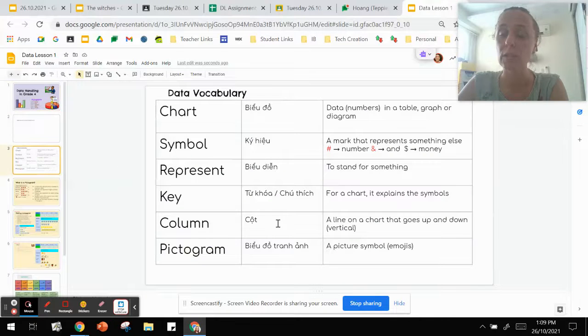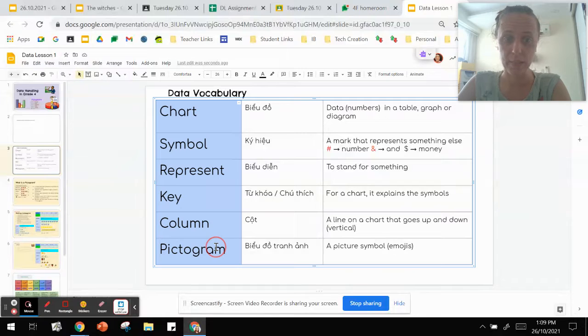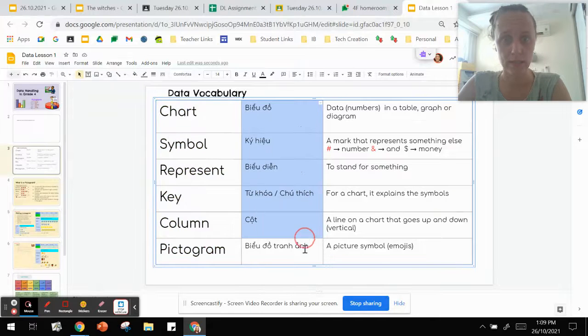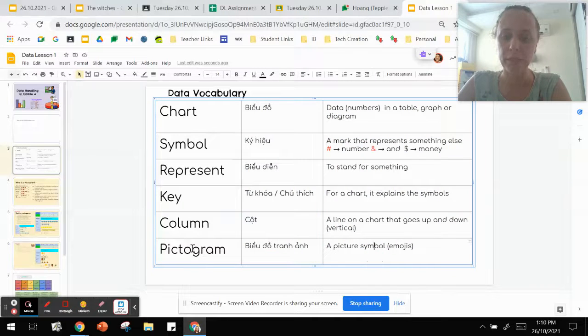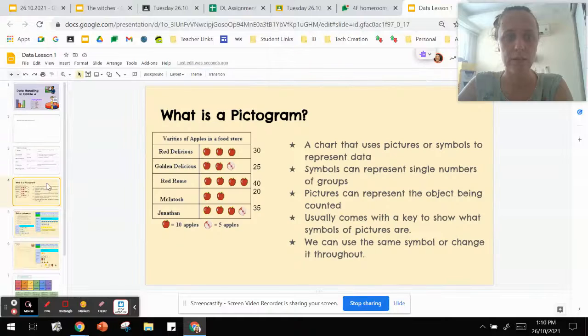Column, those are the ones that go up and down vertically. So this table has 3 columns. One column has the word, one column has the translation, and one column has the definition. Finally, pictogram. That's a picture symbol. You can kind of think of it like emojis. So right here, this pictogram is apples. This has all the different apples. I look at the key, this bottom part right here.